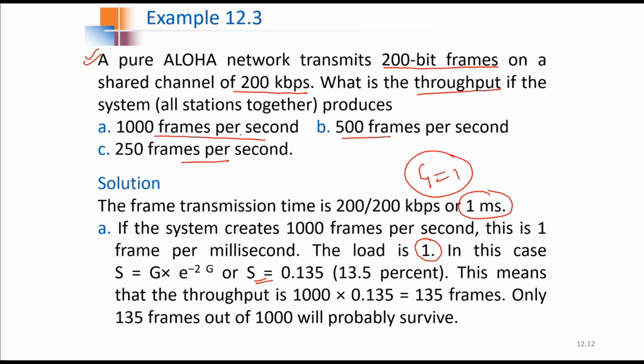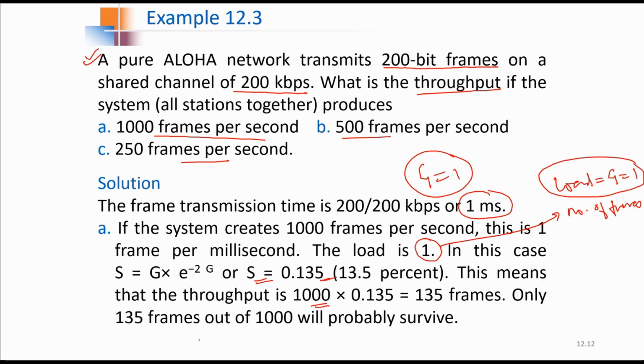Similarly, load in the sense of the number of frames. Load is 1 means only one sender, so one frame is sent. In that case, this is the efficiency. Then if 1000 frames are being sent, this will be the efficiency.